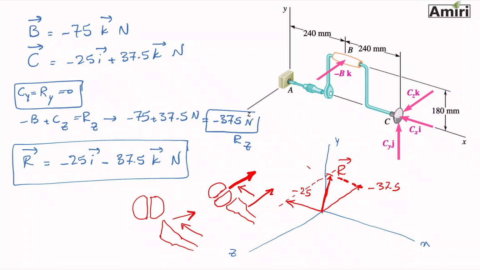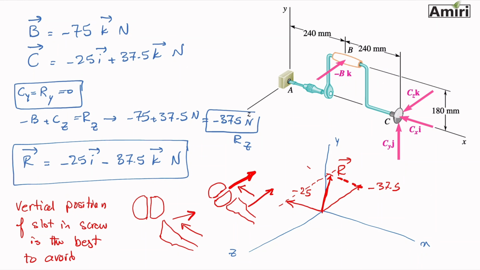So I would say an answer to this would be vertical position of the slot in a screw or screw head is the best to avoid the blade or screwdriver slipping out.